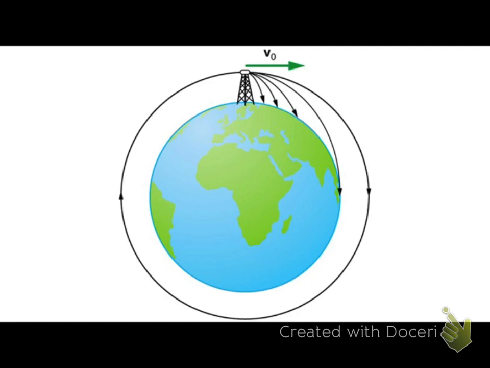So it just keeps curving and curving until it comes back to where it originated from. Which is why it requires a great amount of speed to get an object into orbit with Earth. The Earth has a very large curve that you have to match with your parabola, which requires a pretty significant speed.